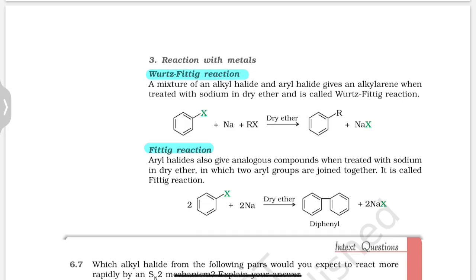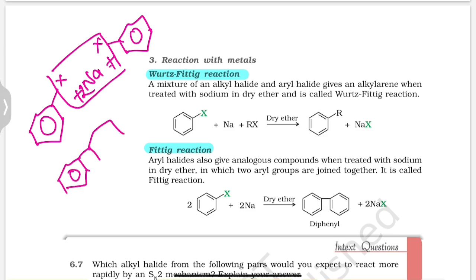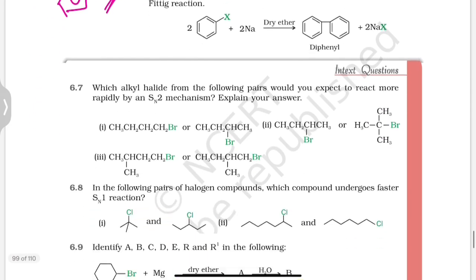This is one aryl halide, you are treating it with sodium, and then this is another aryl halide. Here 2 NaX will be eliminated and you will be getting the product like this. So this is the product which is obtained.